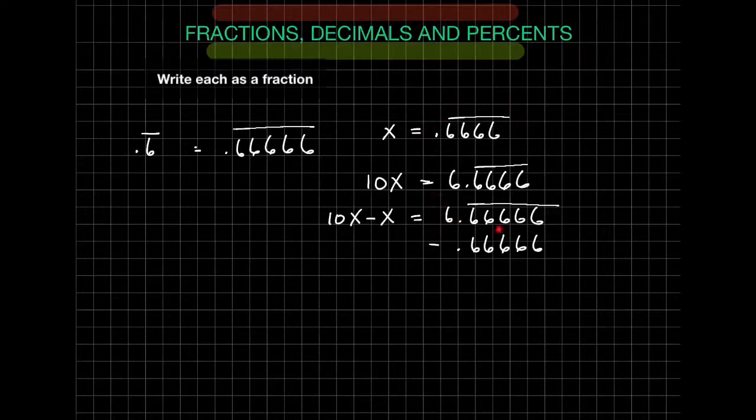So here we got 10x minus 1x. That's going to leave us 9x equals 6. Okay, 9x equals 6. That's what we get when we subtract. So we're going to say x equals 6 over 9. x equals 2/3.